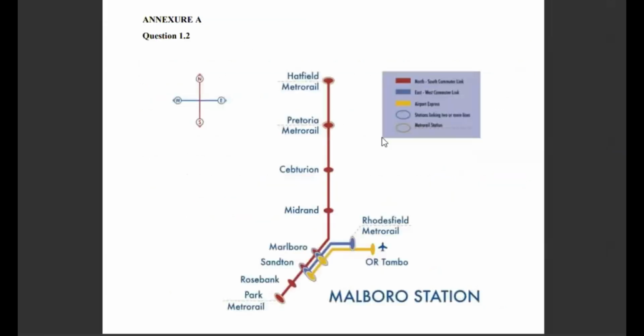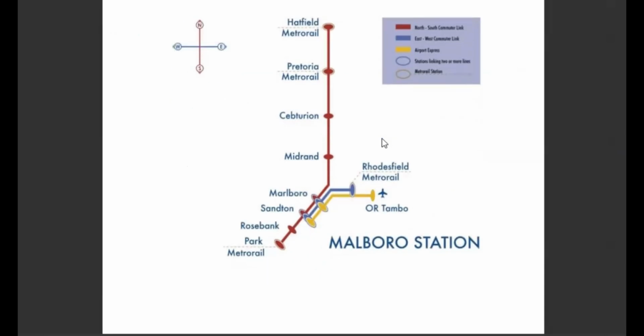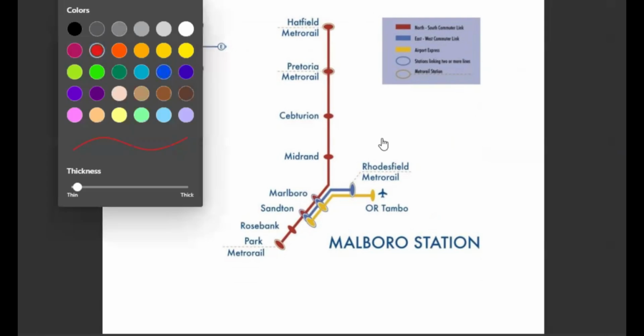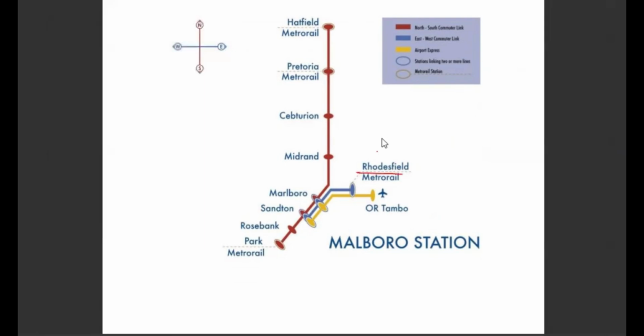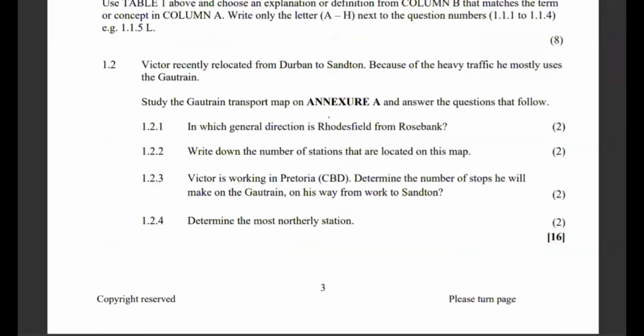This is the annexure. So we are saying what's the general direction of Rhodesfield, which is this one here, from Rosebank. Rosebank is down here. So that means we are here. This is northeast. Northeast is the answer.